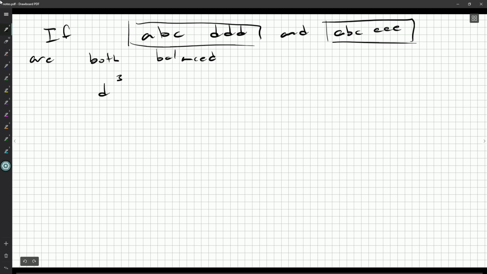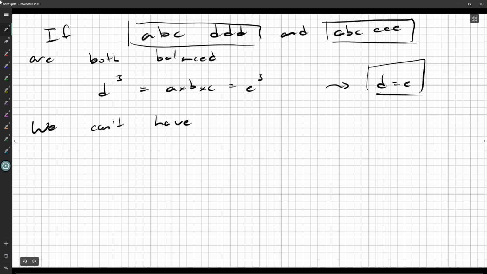Then D times D times D, D cubed, is A times B times C, but that's also E cubed. And you can conclude D and E must be the same. Okay? So we can't have the product 4 times B times C be a cube.